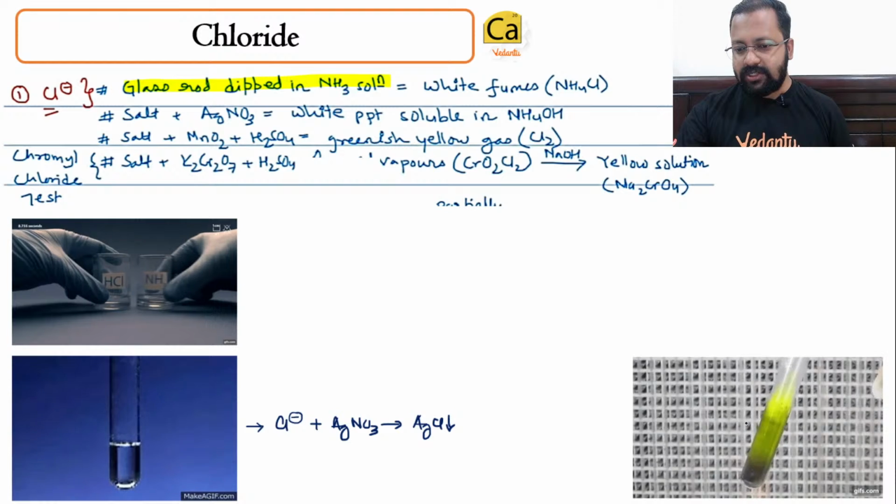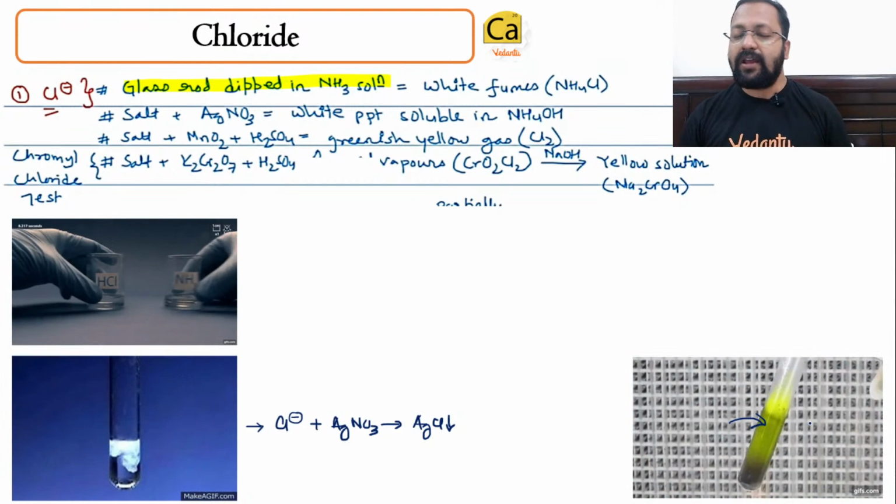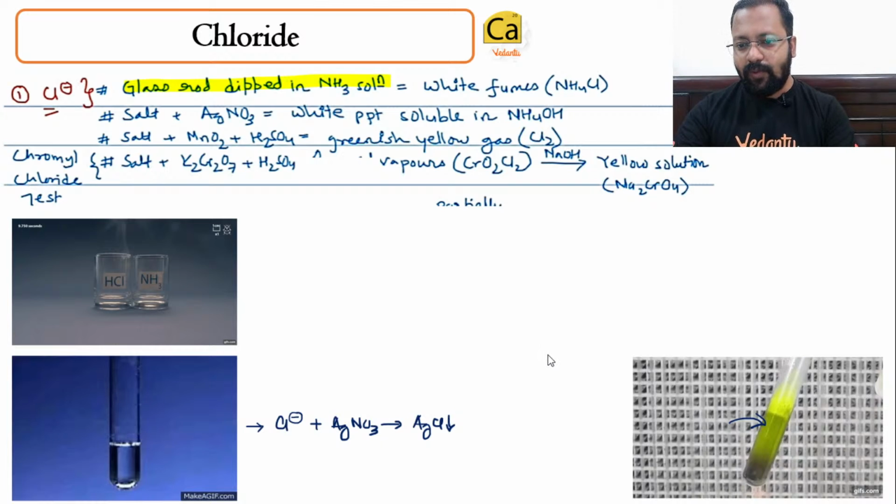This gas looks greenish yellow. देख रहे हो इसको? So what is the reason you are getting this greenish yellow gas? The reason is that if you take MnO2 and H2SO4, then MnO2 changes to Mn2+ and chloride changes to Cl2.